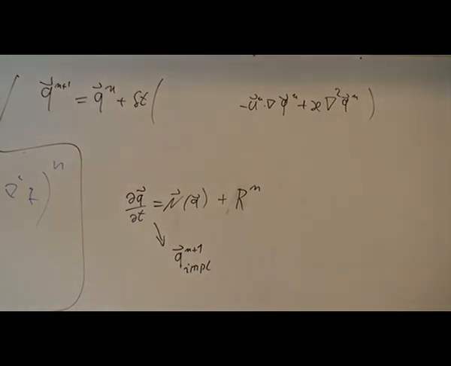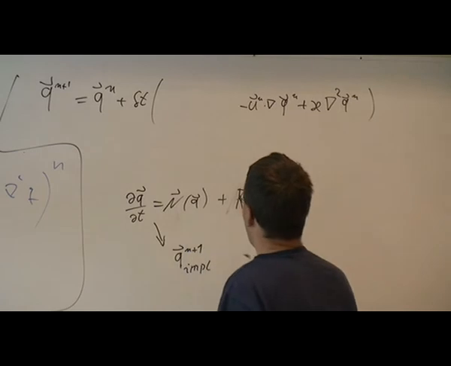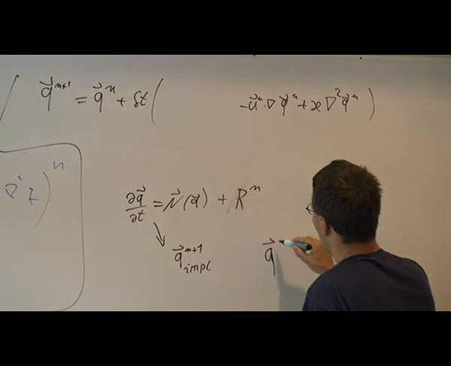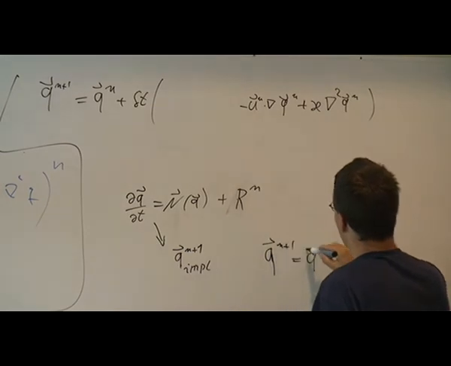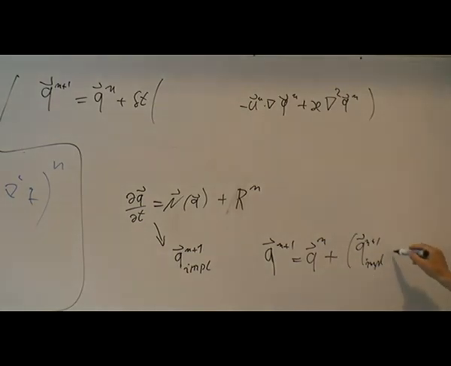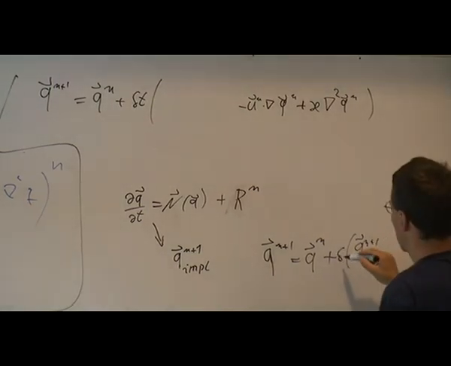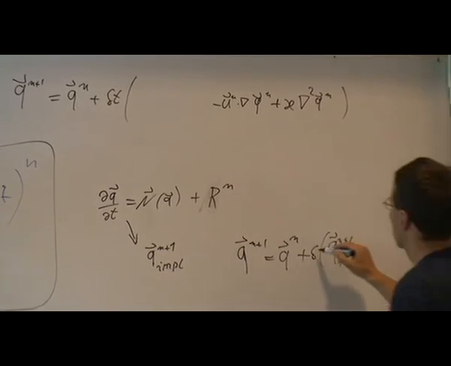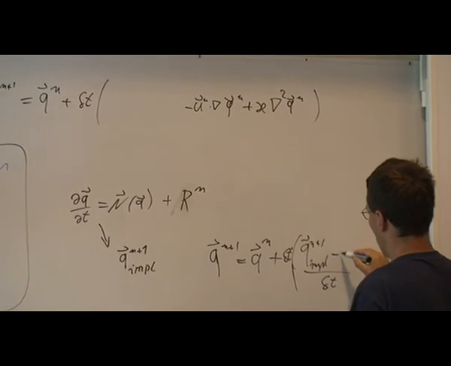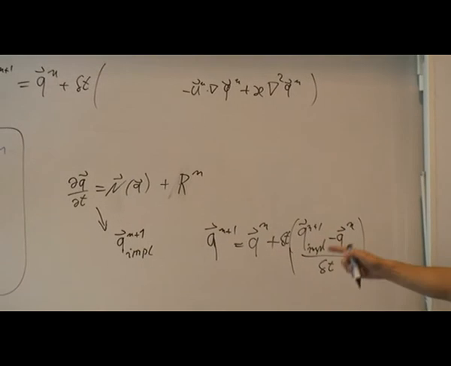Then the increment that we are using here would be, well, if we just did that, instead of this one here, we get something like Q n plus 1 is Q n plus Q n plus 1 implicit, and now we want delta t times, so it must be divided by delta t, minus Q n. This is a very fancy way of writing 0 equals 0.